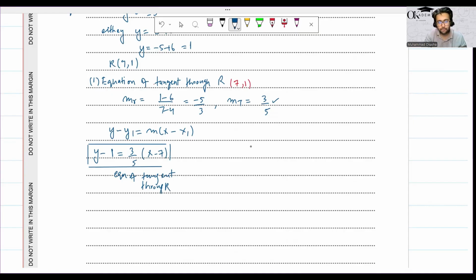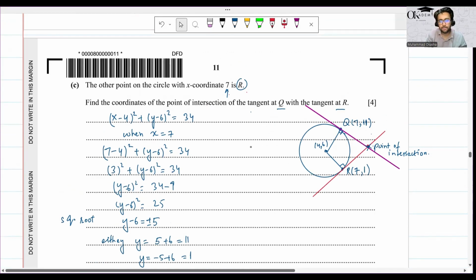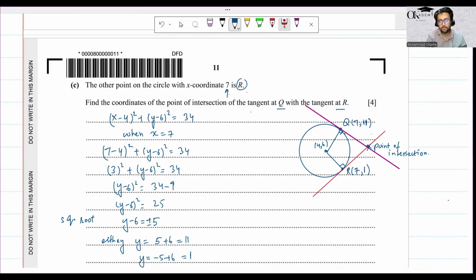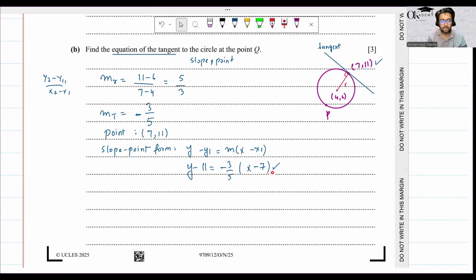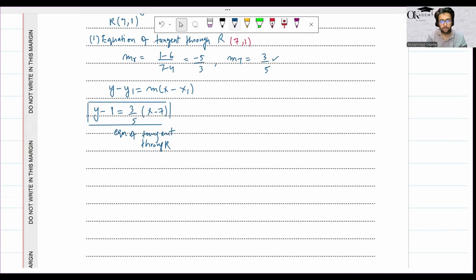Now I want to intersect this tangent with the tangent through Q, this line. I already know the equation of this line, which is over here. y minus 11 equals negative 3 over 5 (x minus 7).